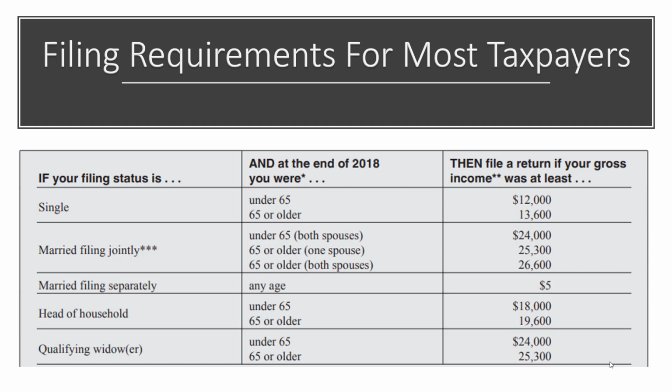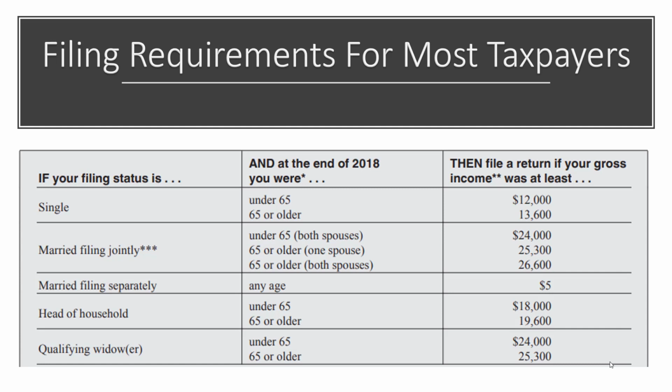I'm not going to go through every filing status and number in this table, but we'll just hit some of the highlights. Married filing jointly under 65. Need to file a return if your gross income was at least $24,000. Head of household under 65, you'll need to file a return if your gross income was at least $18,000.